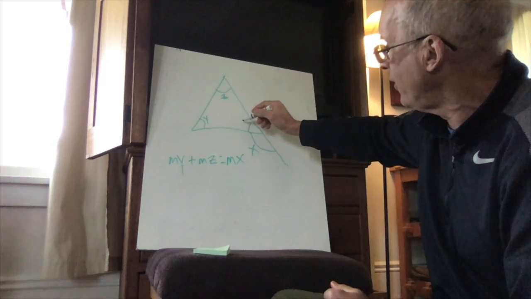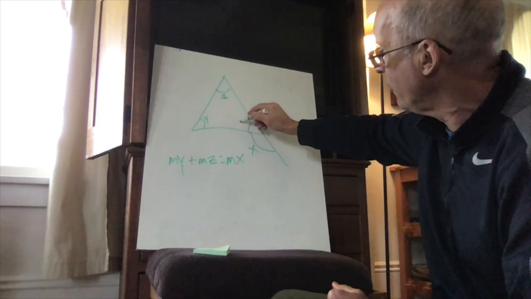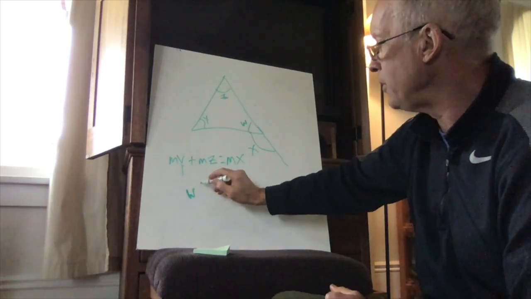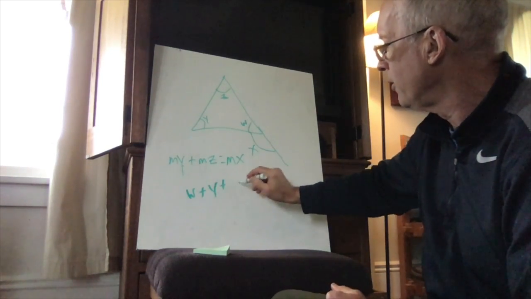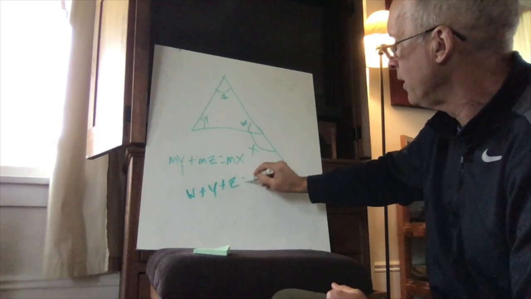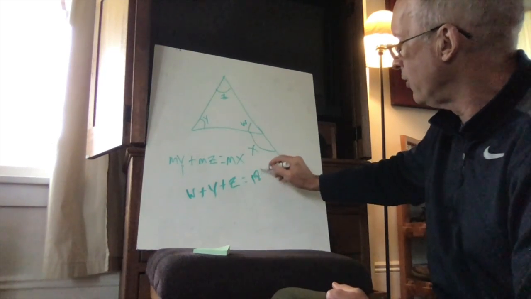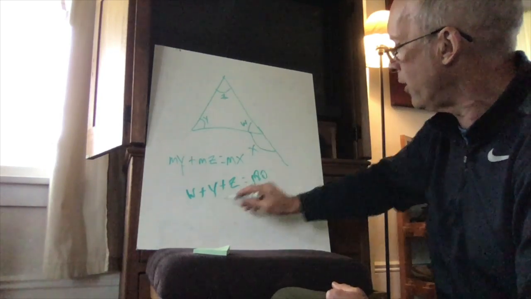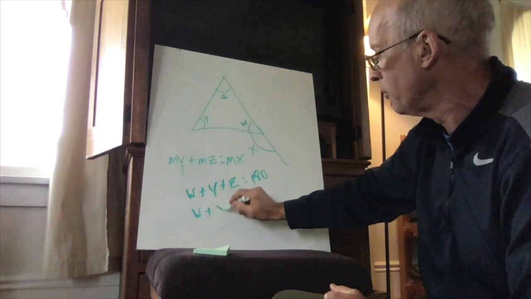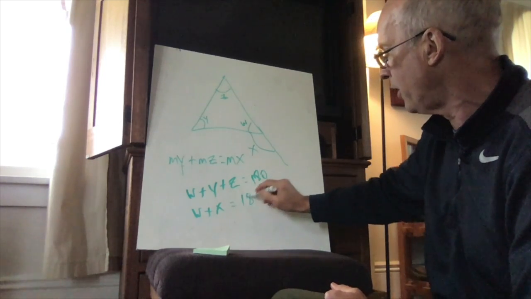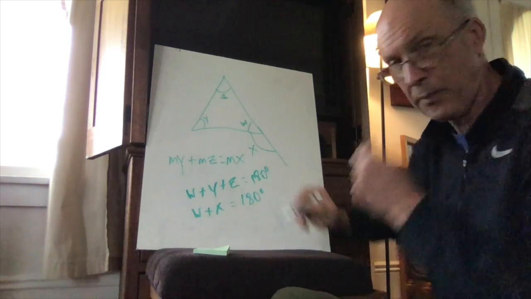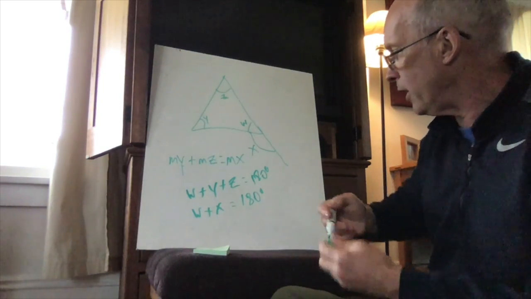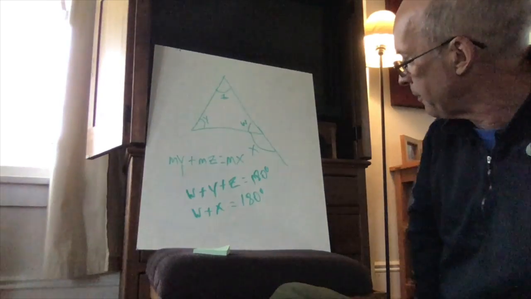Well, I guess I should call this, now I've run out of letters, I'll call this W. Okay? So W plus Y plus Z equals 180 degrees. But you could see also, since this is a straight line, that W plus X equals 180 degrees. Well, since they both equal 180 degrees, we can put those equal to each other.